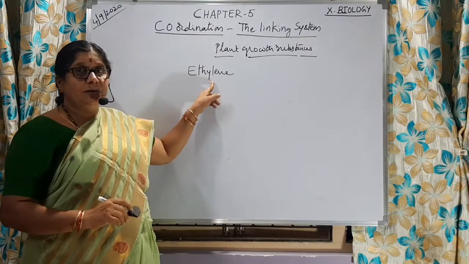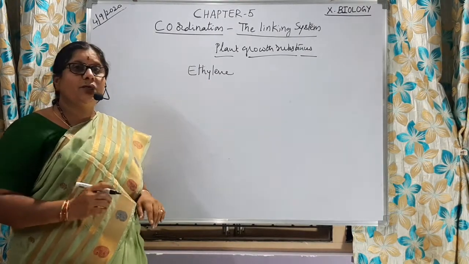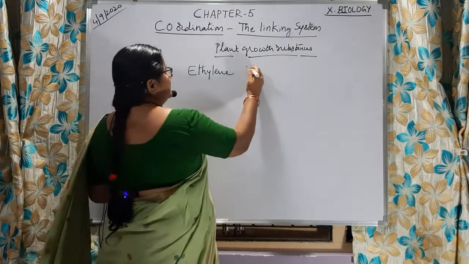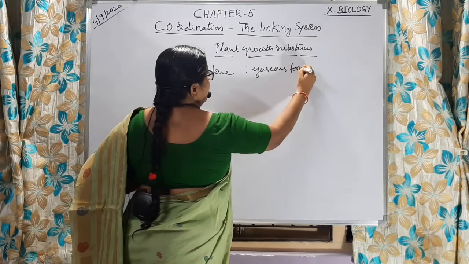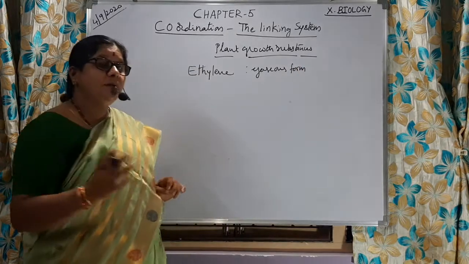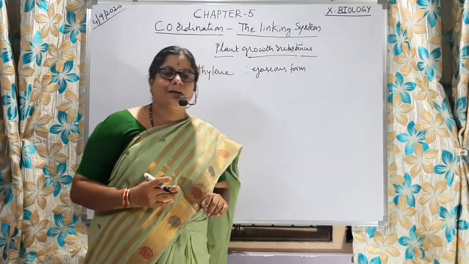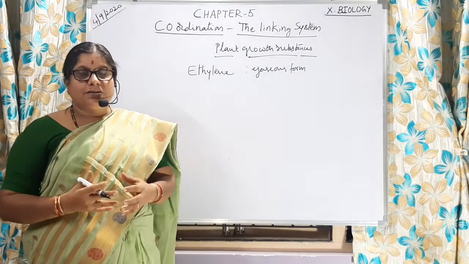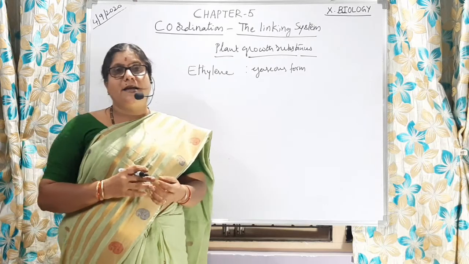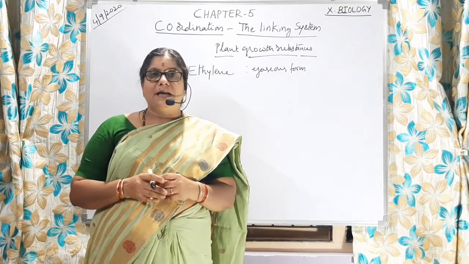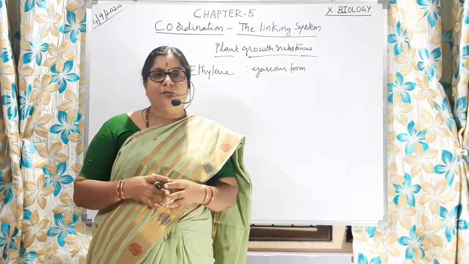Now we will discuss ethylene. It is in gaseous form. Have you observed any time if your mother brought tomatoes which are ripened, very much red in color, and few are green in color? We call them kacha tomatoes.